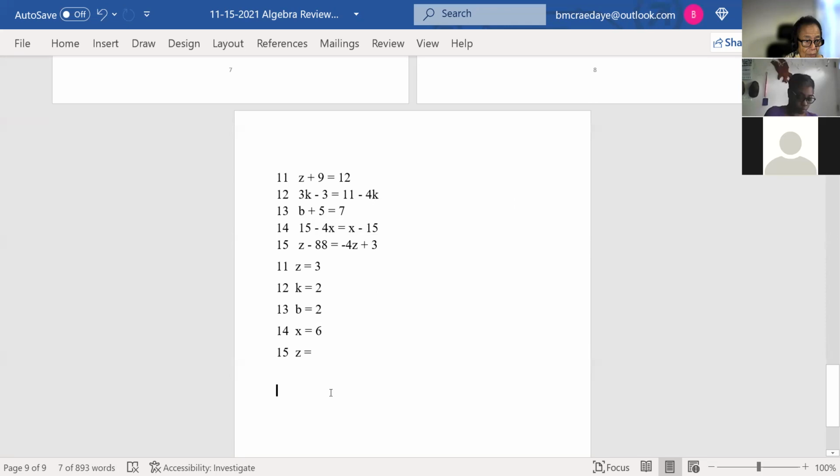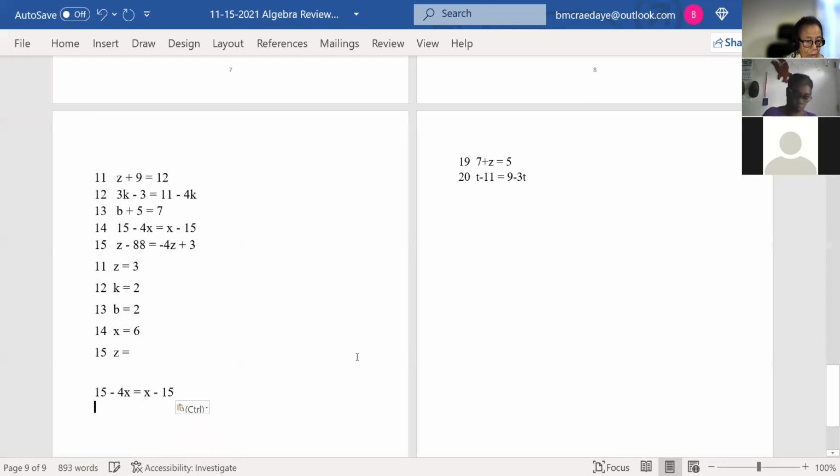Did you get the 6? Yeah. Okay. Because you add the 4x to both sides, right? So let's go here. Add 4x to both sides.